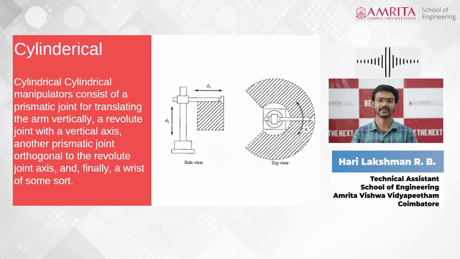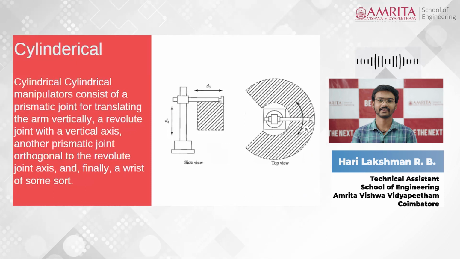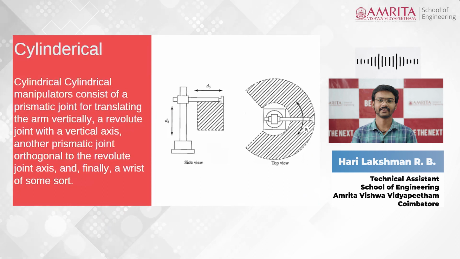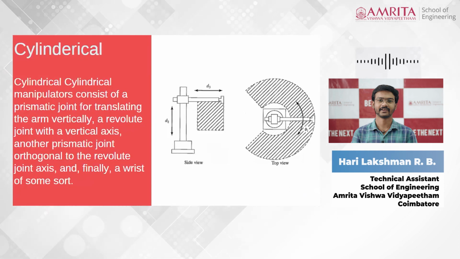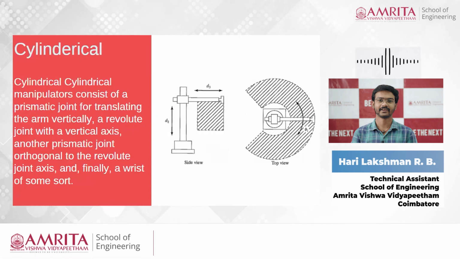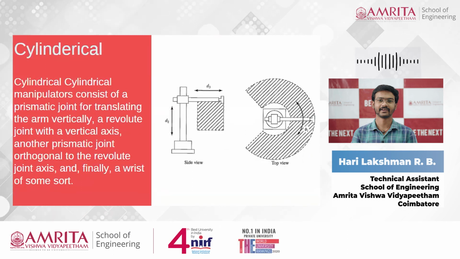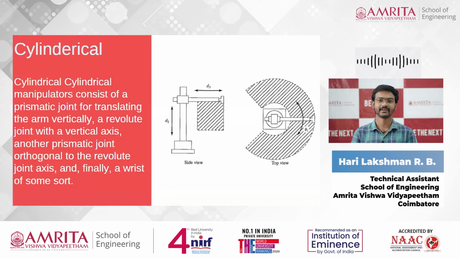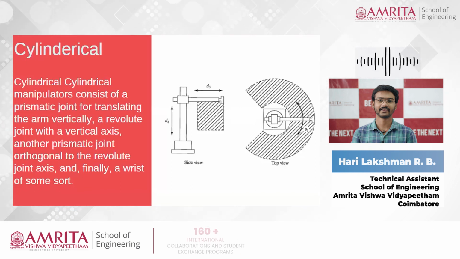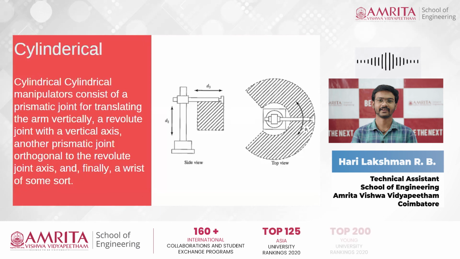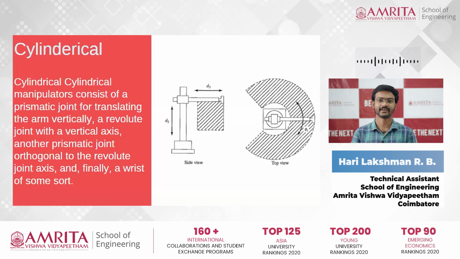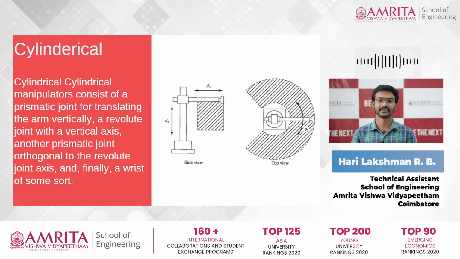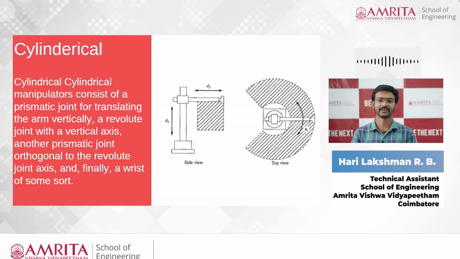The main difference between the cylindrical and a gantry robot is that the cylindrical manipulator has many more degrees of freedom, because it can translate the arm vertically, the revolute joint is attached for the vertical motion, and another prismatic joint is used orthogonally to the revolute joint axis.